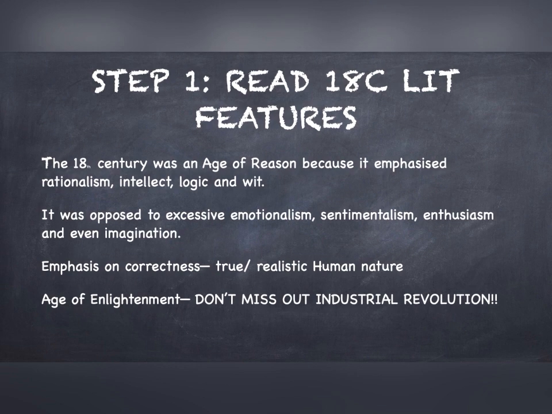And we cannot miss out, of course, what led to the 18th century novels, and that is the Industrial Revolution. So the prose technique of telling a story. Now moving on to step number 2, we need to also read the common features or the characteristics of 18th century novels, which were based on realistic themes, and are written in prose form.